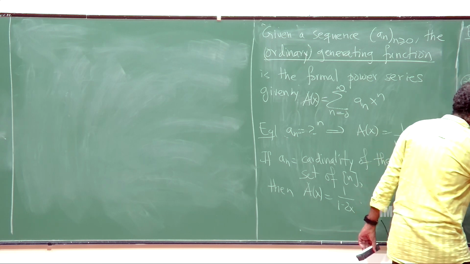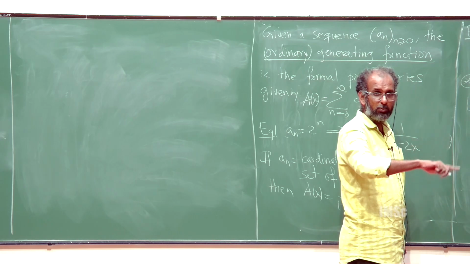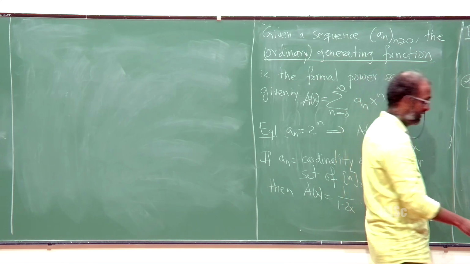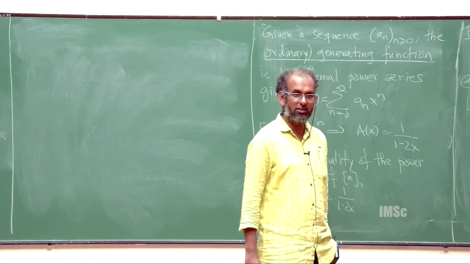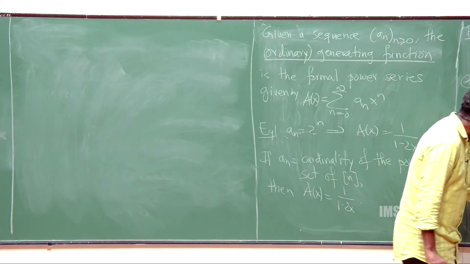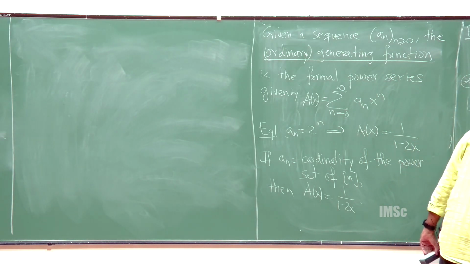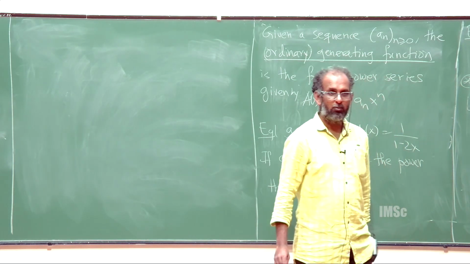So what he's saying is, I'll write x^n as x^(n-1) times x. So I'll put an x^(n-1) here and put an x here, right? Isn't that what you said? And for the second term, I'll put an x squared here and x^(n-2) here. Why did you do that?